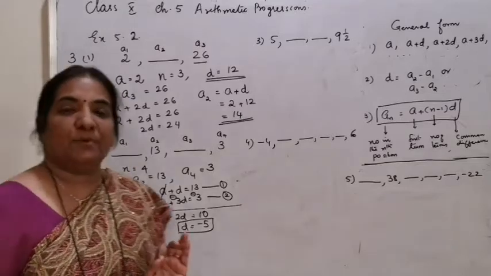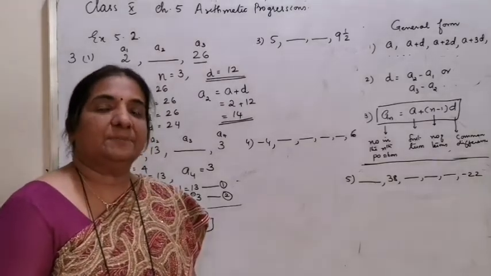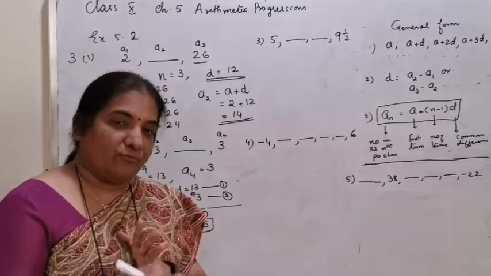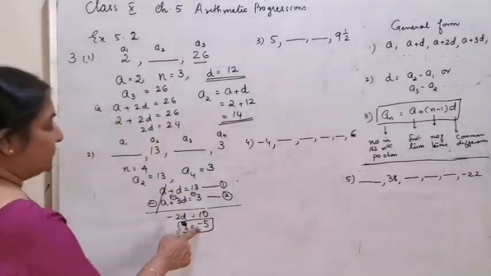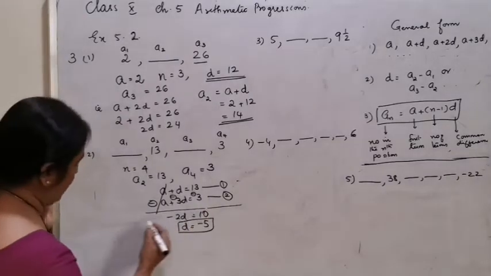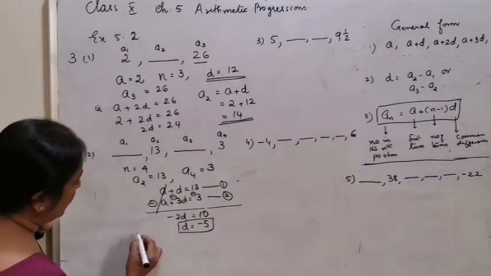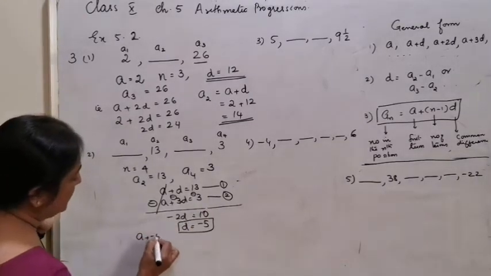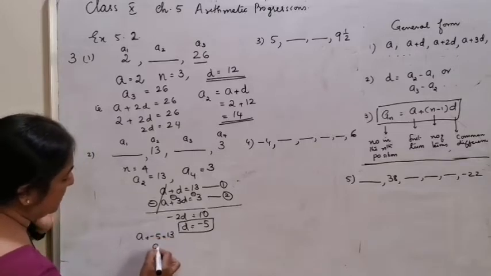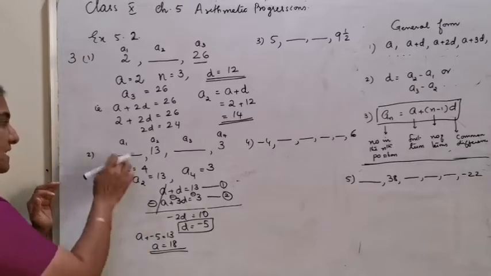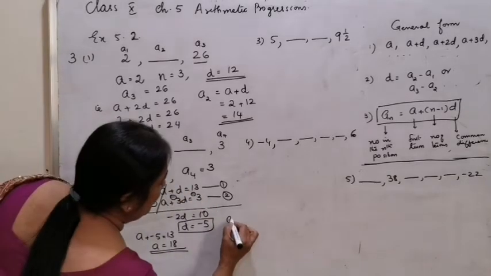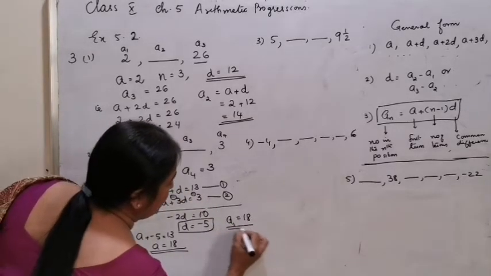So in arithmetic progression, the main concept is to find out the value of A and the value of D. After getting D, substituting in 1, you get A plus minus 5 is equal to 13, or A is equal to 13 plus 5, 18. That means A1 is 18, first answer.